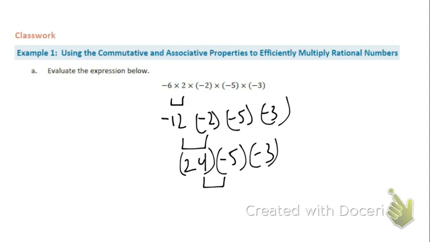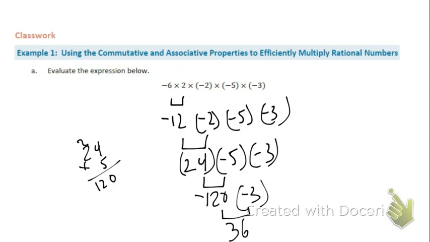Then do 24 times negative 5, which gets you negative 120. Multiply that by negative 3. Negative times a negative is positive 360. So hopefully you got 360 for your answer for that problem. You didn't necessarily have to do it this way.